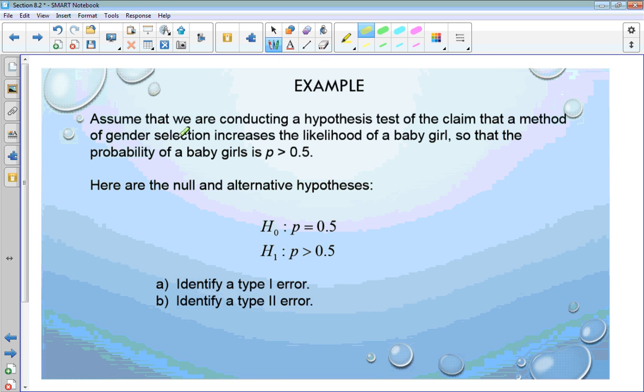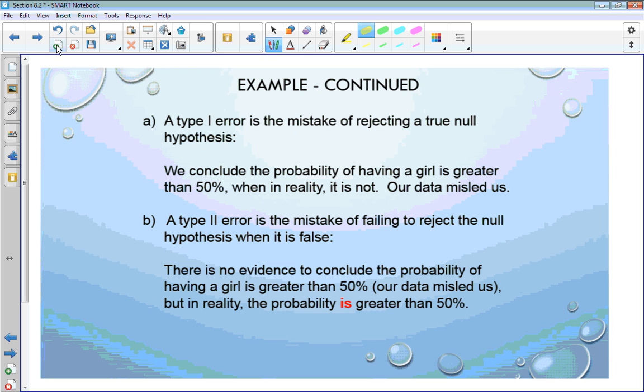So here we are back to our same example. Remember our alternative hypothesis and our null hypothesis, and we want to identify a type 1 error and a type 2 error. Remembering that a type 1 error is the mistake of rejecting a true null hypothesis.